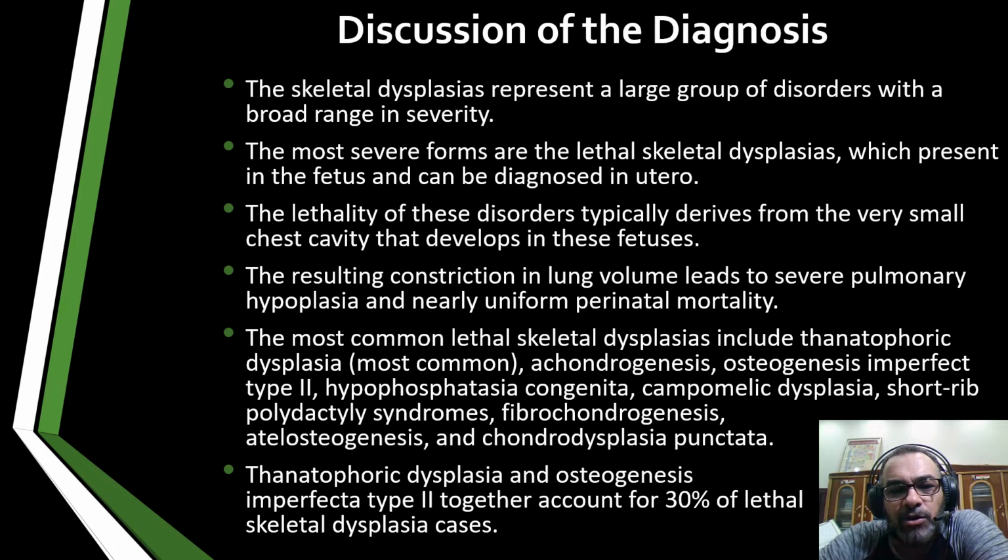Thanatophoric dysplasia and osteogenesis imperfecta type 2 together account for about 30% of lethal skeletal dysplasia cases.